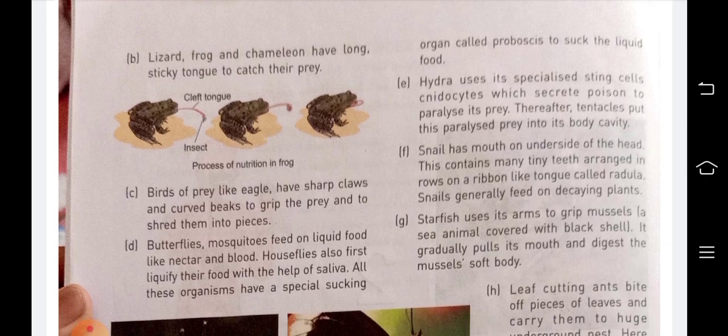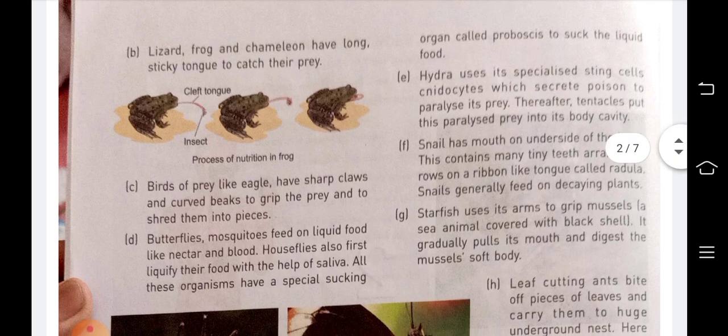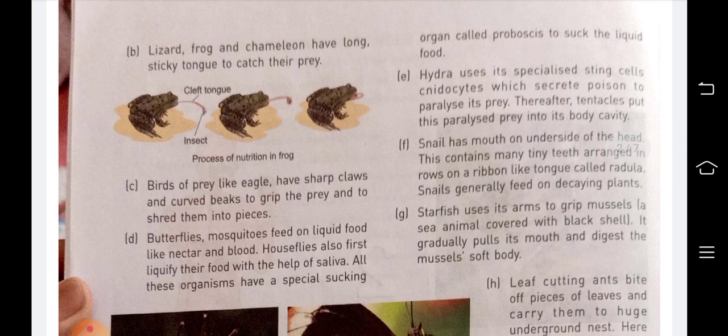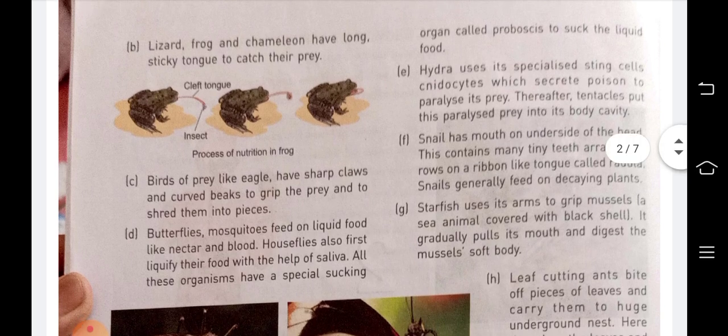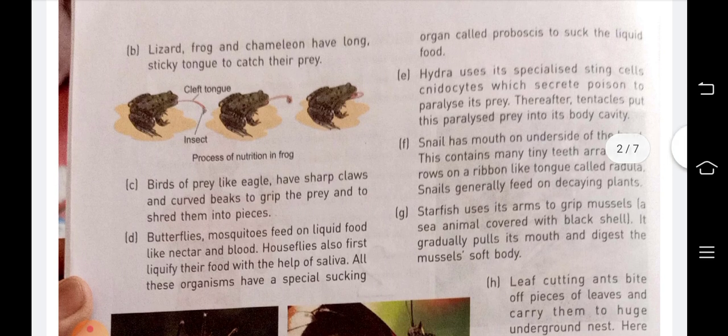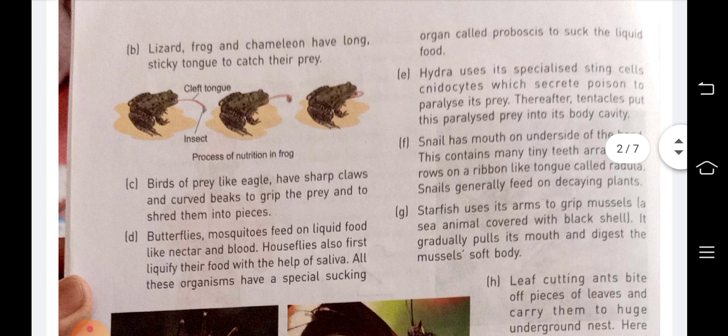Hydra uses its specialized sting cells, cnidocytes, which secrete poison to paralyze its prey. In Hydra, there are hair-like structures at the top of the organism, which are known as tentacles. So the tentacles put this paralyzed prey into its body cavity.